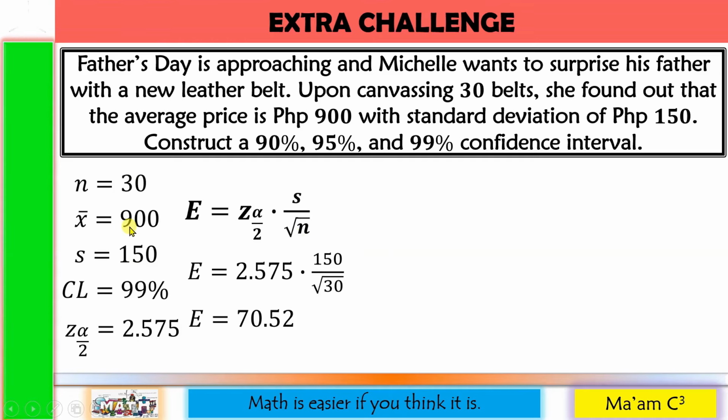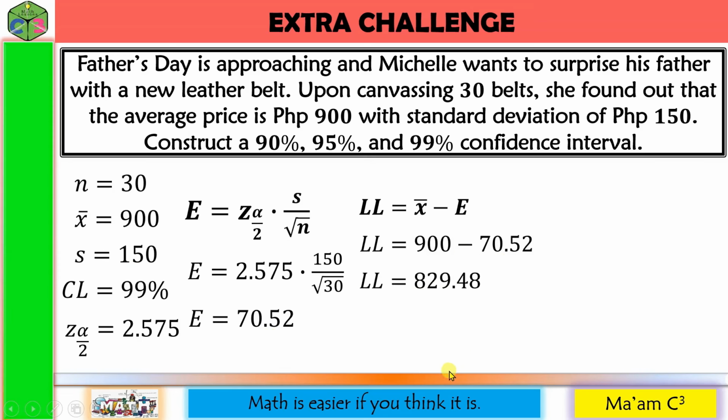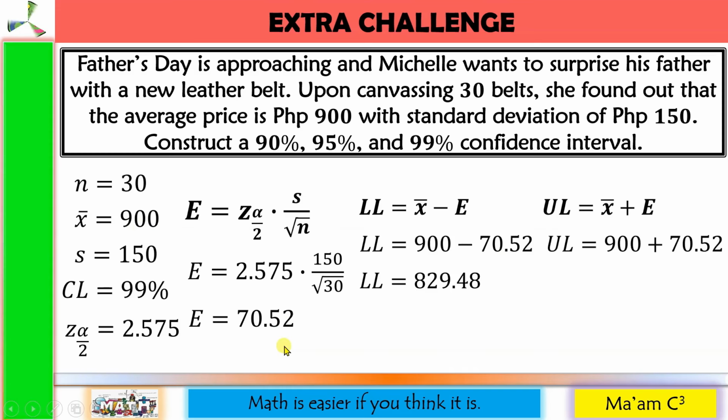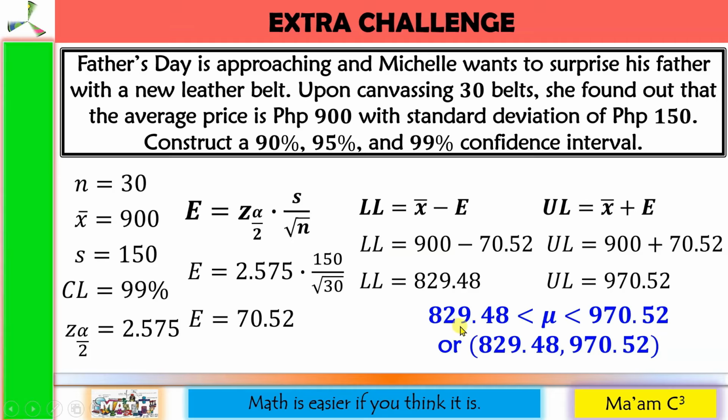Lower limit is the sample mean minus the margin of error. 900 minus 70.52 is 829.48. Upper limit is the sample mean plus the margin of error, and this is 970.52. Therefore, the interval is from 829.48 up to 970.52.